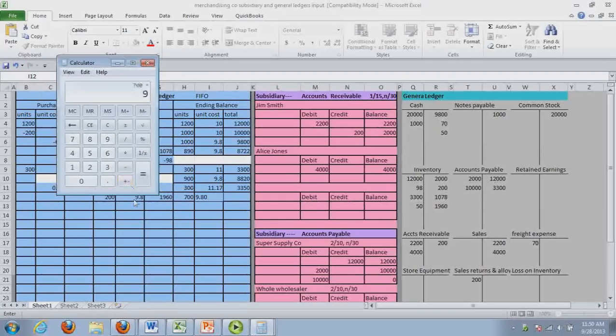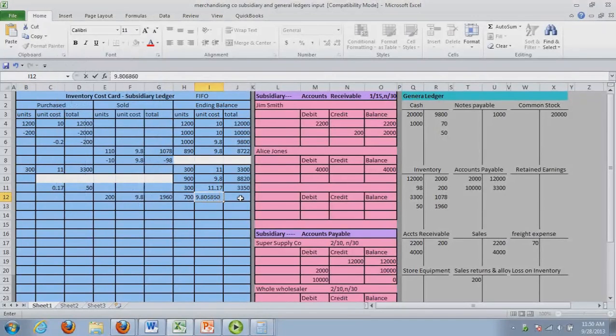And we can do that calculation. 700 times 9.8, which is 6,860. Whoops, not there. 6,860. And then bring down the newer units. We didn't touch those. They're still listed like they were before, which is 3,350.